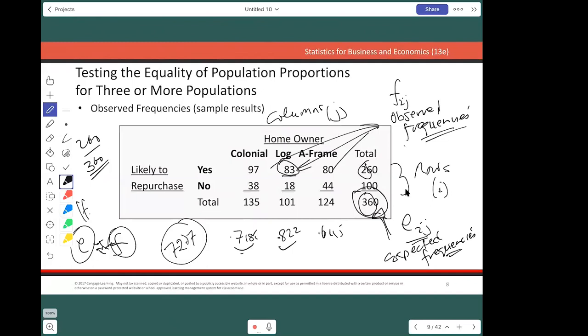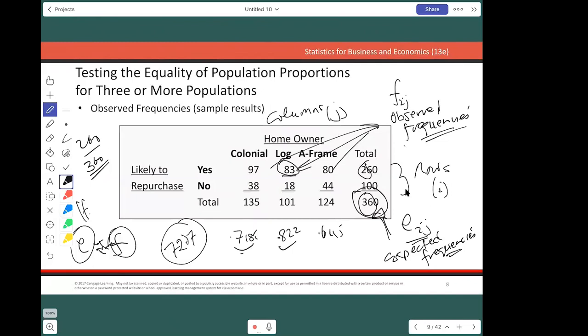That's based on assuming that the proportions are equal. But instead we got 80, a little less. So 83 is a lot more than 72, and 80 is a little less than 89. The numbers are lining up in a way, but we're not exactly sure.